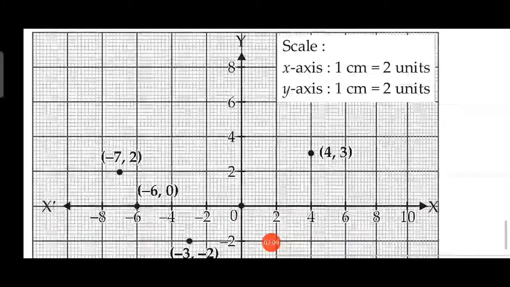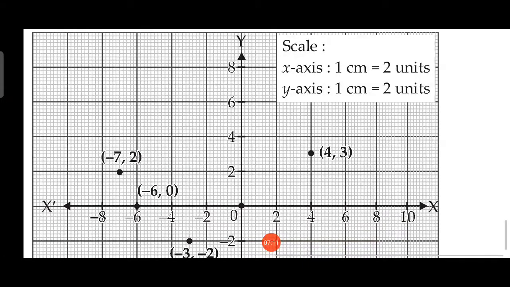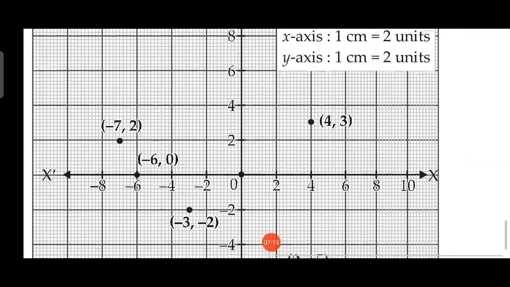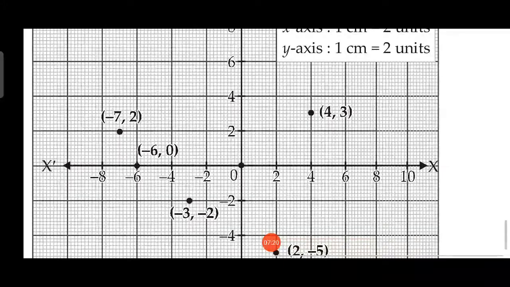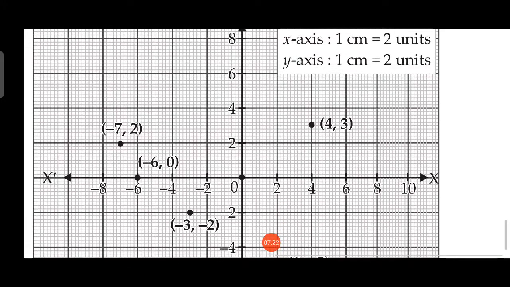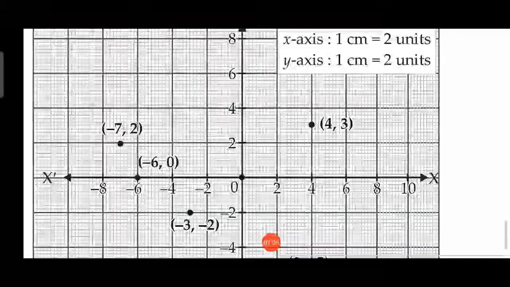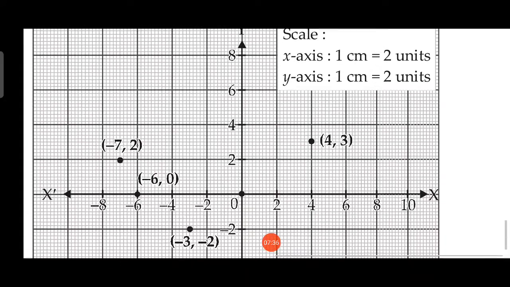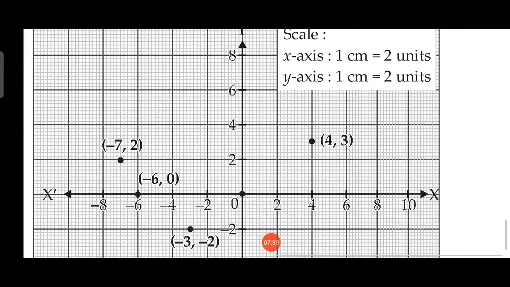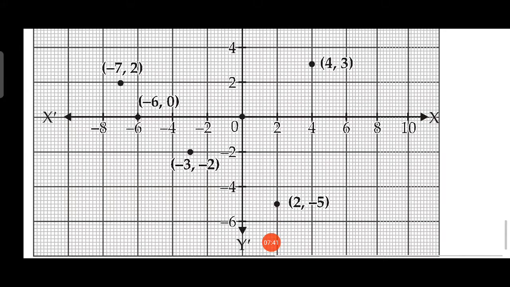The scale we have to take is 1 centimeter means 2 units on the x axis, and 1 centimeter 2 units on the y axis. So we can easily draw the x axis and y axis with the scale. Always consider the x axis positive to the right; the left hand side is minus and the right hand side is plus. So we can easily place the points, you can see.